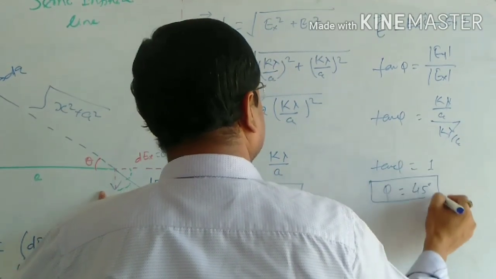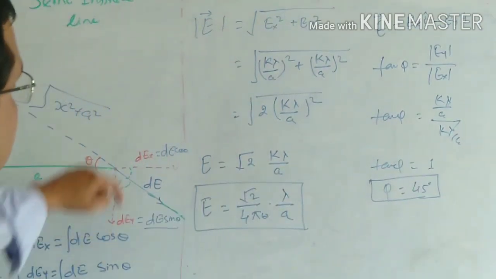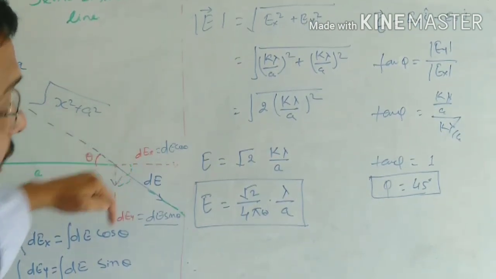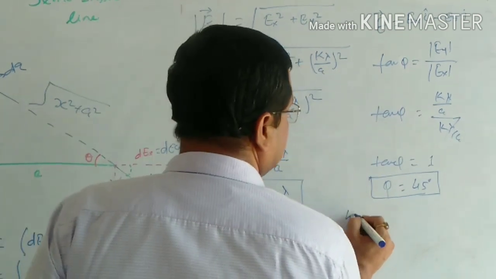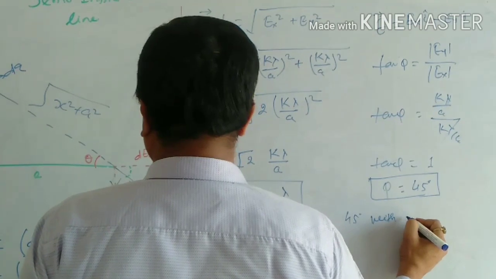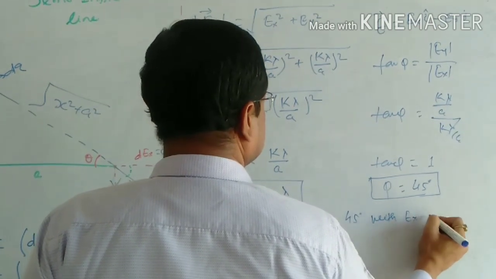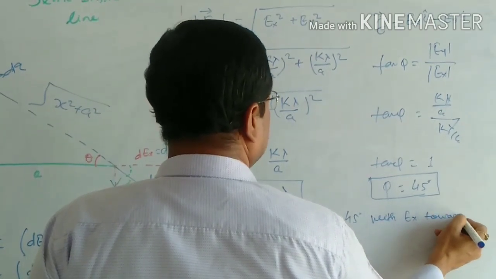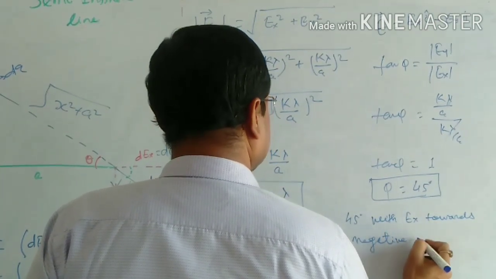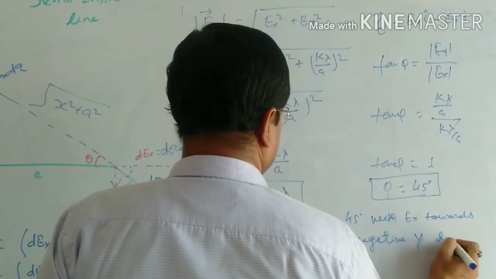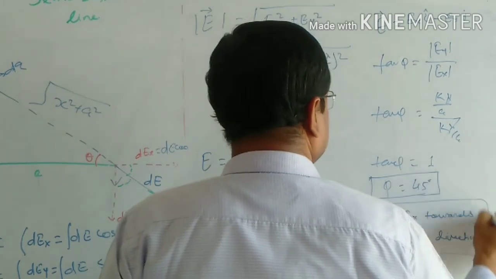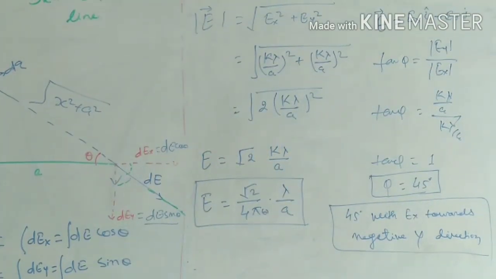What does it mean? 45 degrees with the x-axis in the negative y direction, means the fourth quadrant. So magnitude and direction can be found using this equation.